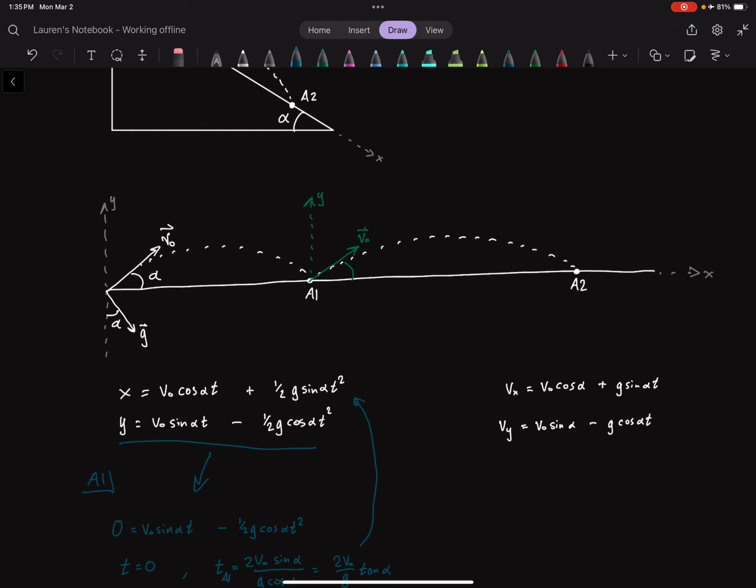So the final velocity from the first one, VA1, we can find, that just reflects up to become V naught for the second one. V naught, we can label it as V naught 2.